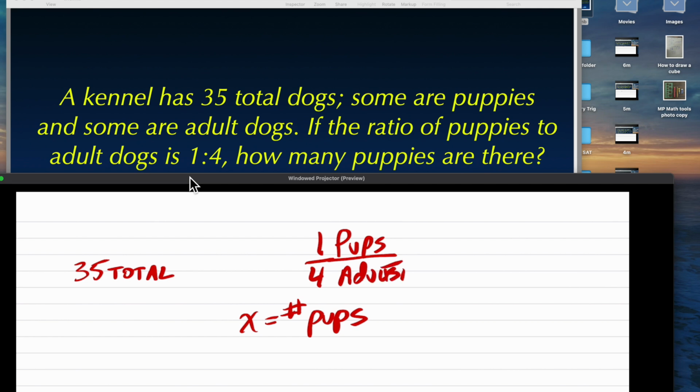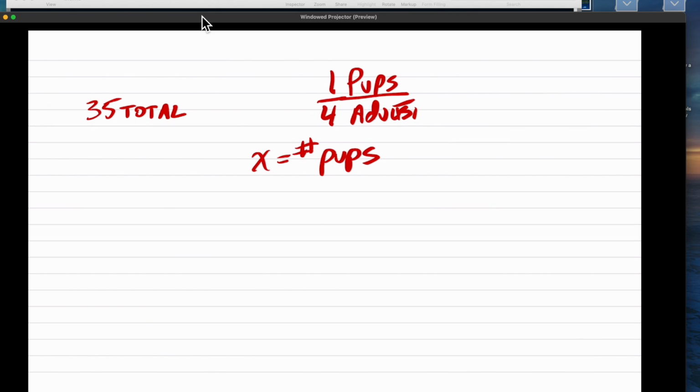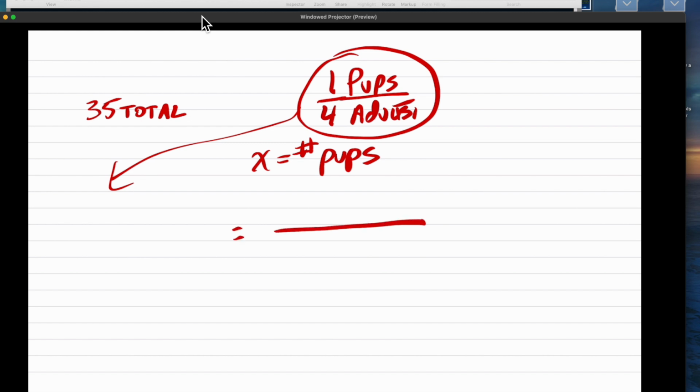Okay, so now this is going to be our part 1. Our part 2 is going to have the x pups in it. We're not sure where it's going to be. So let's look at what this information tells us. This tells us that there's 1 pup for every 5 total.